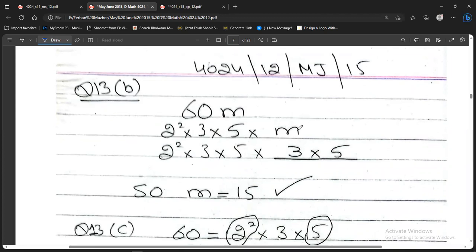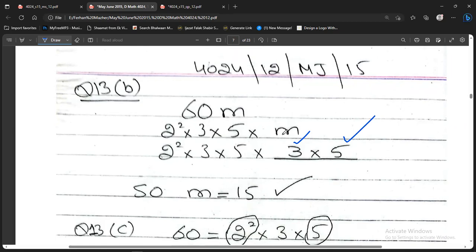You can put any number here. But because you want this whole thing to be a perfect square, we will see what is missing. This 2 has a square on it, so it's good. 3 has power 1, so it needs another 3 in the place of m. This 5 has power 1, so it also needs another 5 here at least.